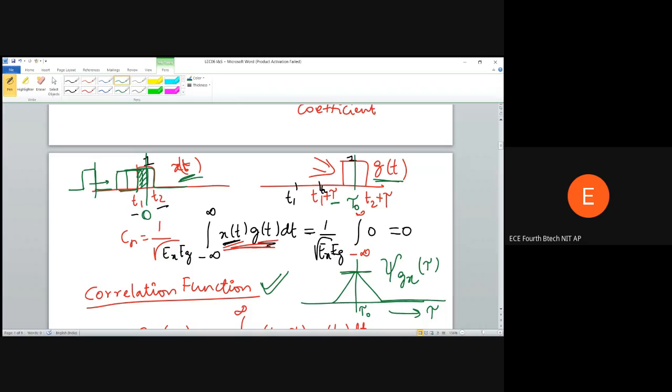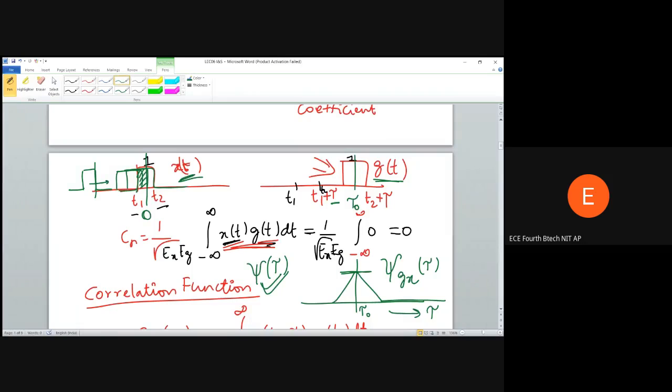The correlation coefficient lets you know whether the two signals are similar or not. Here you find out whether the two signals are similar, but at the same time at what point of time they are similar. That you can extract from the correlation function, and that is why the correlation function is represented with psi of tau, where tau is the time delay of the signal.